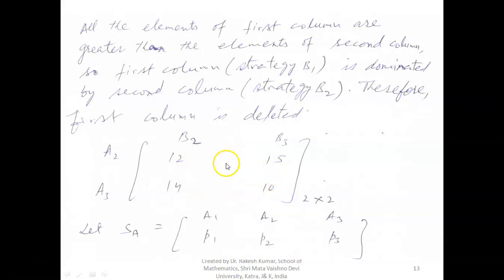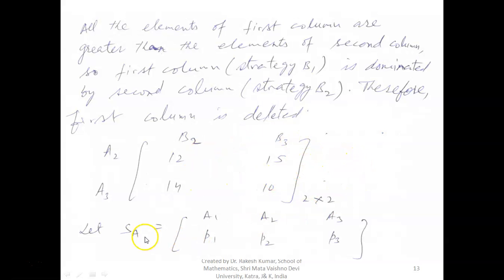Again, if we see from here, it does not have any saddle point, because the row minimums are 12 and 10, and the maximum of those is 12. Similarly, column wise, the column maximums are 14 and 15, and the minimum of those is 14. So 14 is not equal to 12, and hence it is again a game without saddle point.